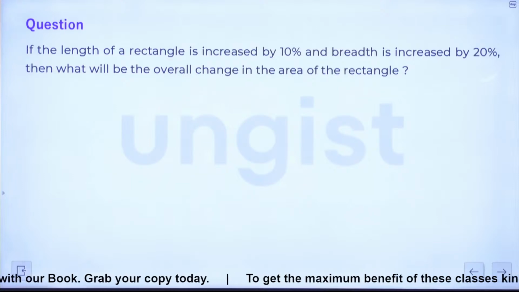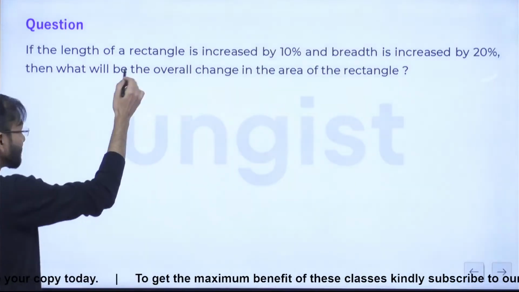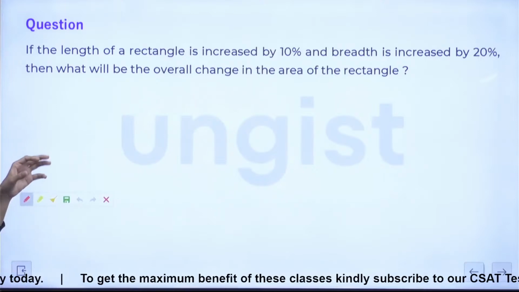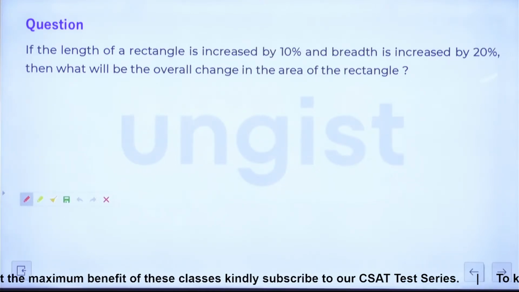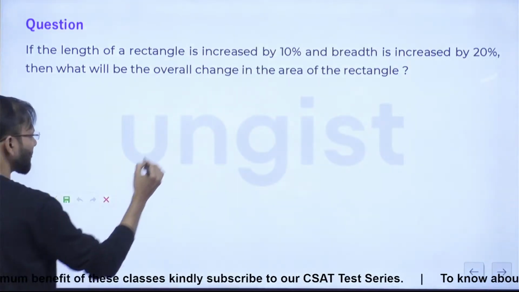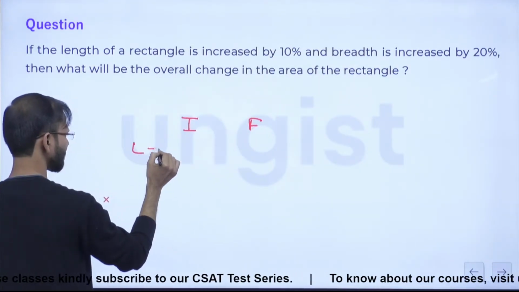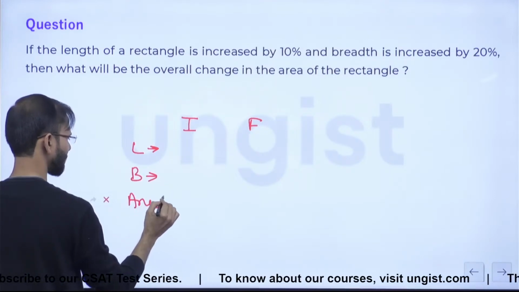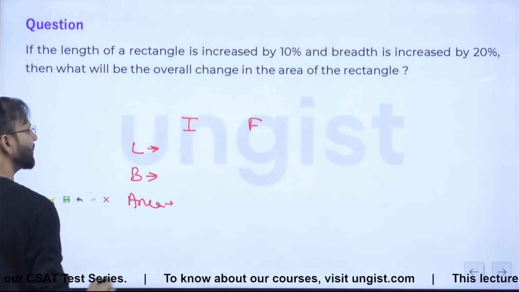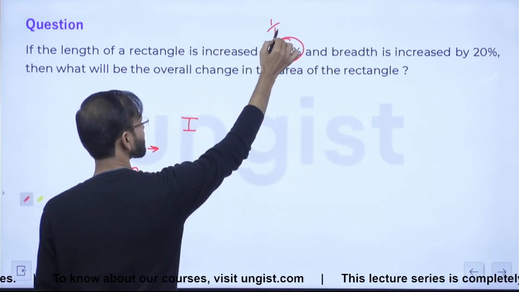Just have a look. The question is saying, if the length of the rectangle is increased by 10% and the breadth is increased by 20%, then what will be the overall change in the area of the rectangle? So initial and final: this is length, this is breadth, and this is area. This is 10%. 10% is what? 1/10.